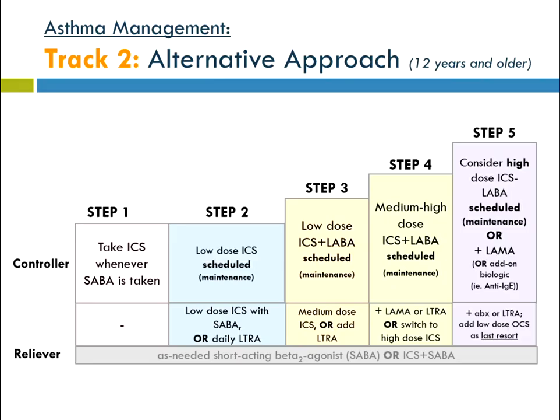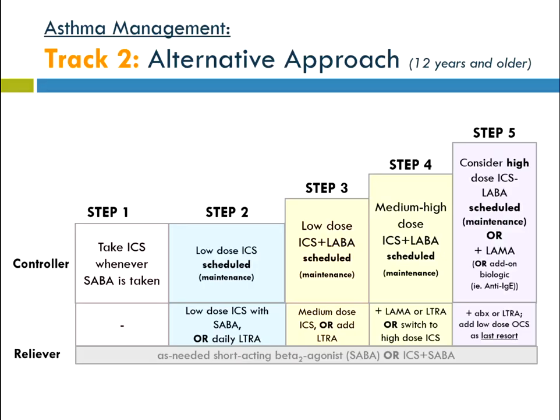Alright, so track two, so this is an alternative approach to controllers. Now we're having ICS only for step one and two. ICS in step one is PRN, ICS in step two is scheduled. Step 3, 4, and 5 are low, medium, and high ICS plus any LABA. So not necessarily just formoterol.